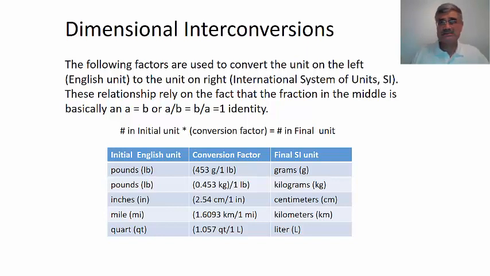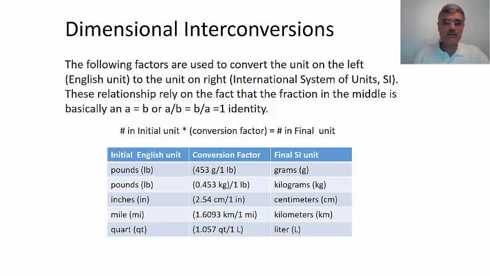Basically, the way we do this, it's a common process, and we handle them always the same, is we multiply the number that we're starting with by a conversion factor that is really an identity factor, to get the product in the new unit. Now, what do I mean by an identity factor? Well, we just said that 453 grams is equal to 1 pound.